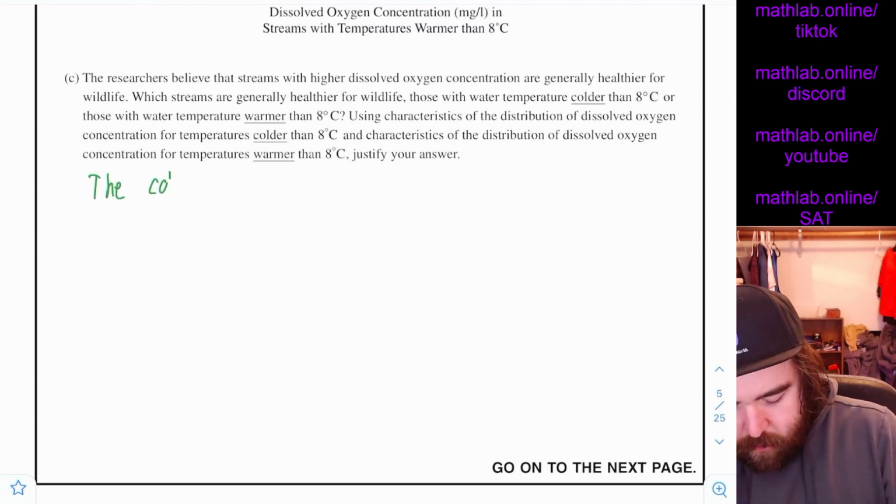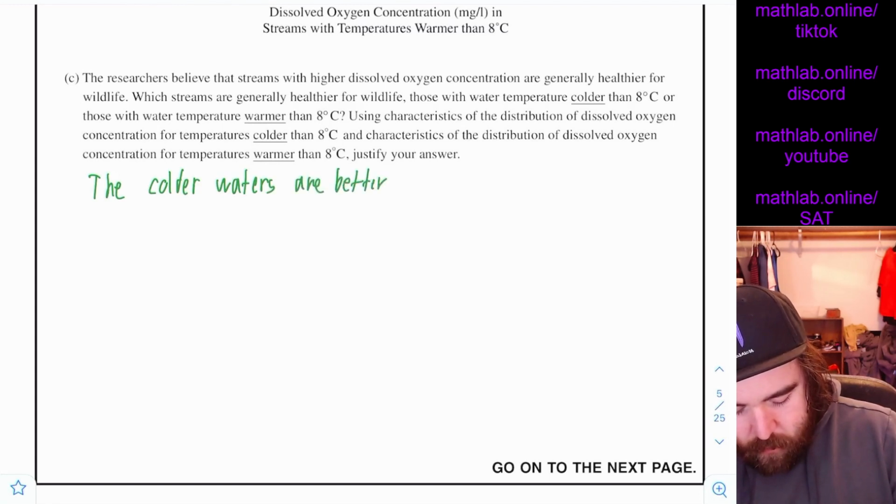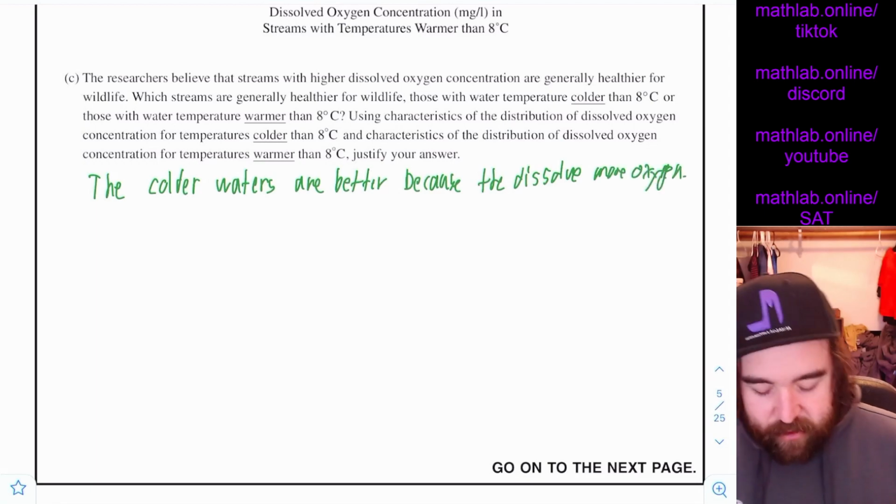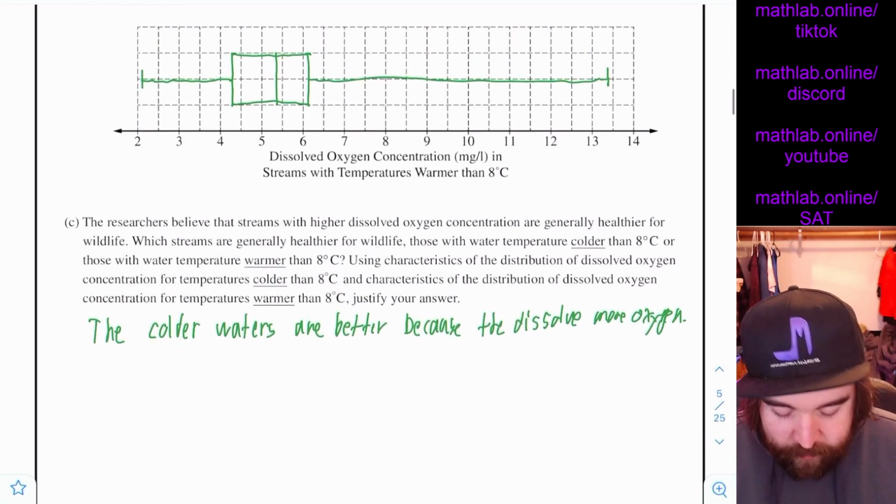The colder waters are better because they dissolve more oxygen. That's not a scientific thing. That's like a statement we're now going to back up.